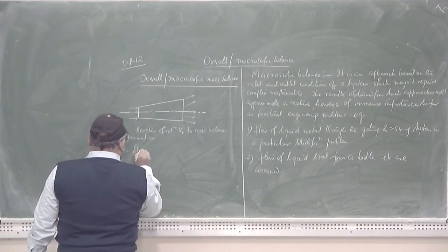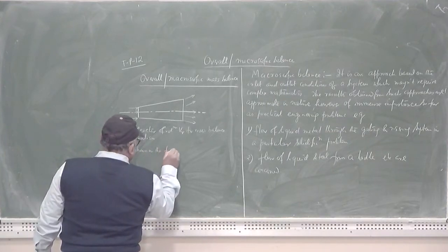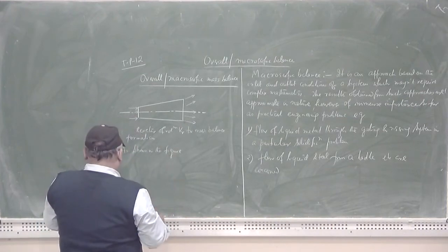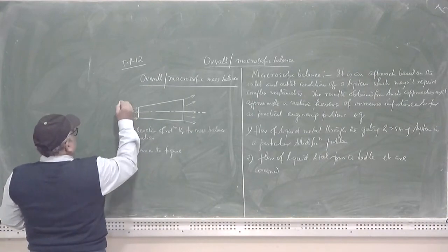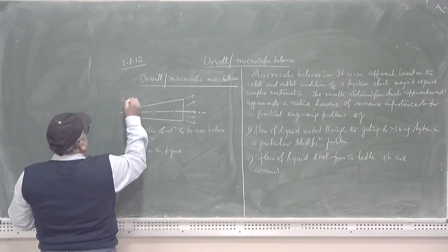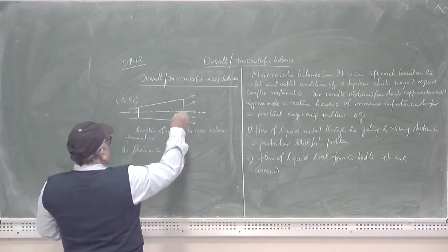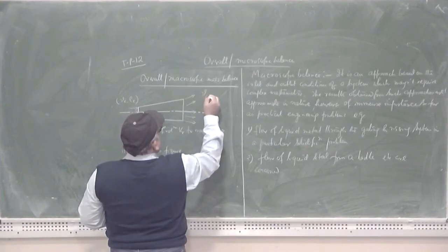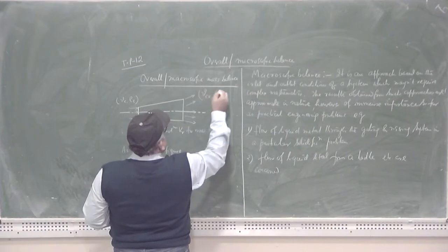So, as shown in the figure, let us suppose the fluid is entering at this point with the velocity v e and the density is rho e, and it is leaving at this point. Let us suppose this is v exit, velocity at the exit point, and density at the exit point.